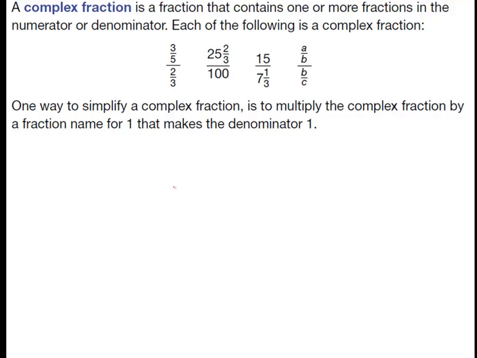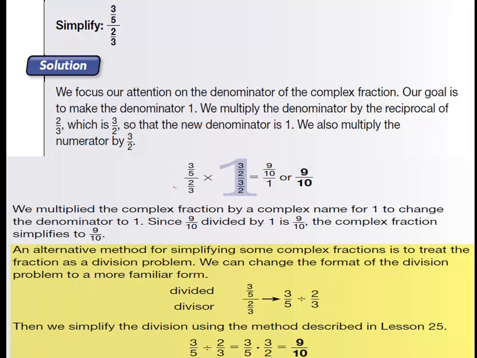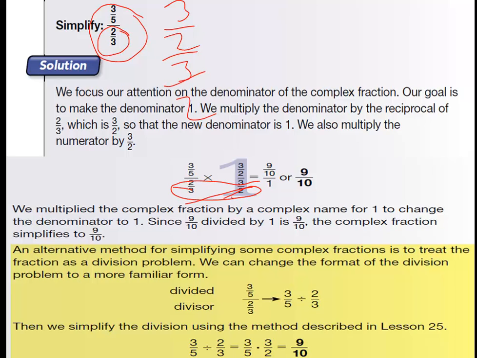If you've got 3/5 over 2/3, we can multiply both top and bottom by the reciprocal of the bottom one, which is 3/2. Do 3/2 on top, 3/2 on bottom. When we do that, these cancel each other out, leaving 1. And then you do 3 times 3 is 9, and 5 times 2 is 10. We end up with 9/10.